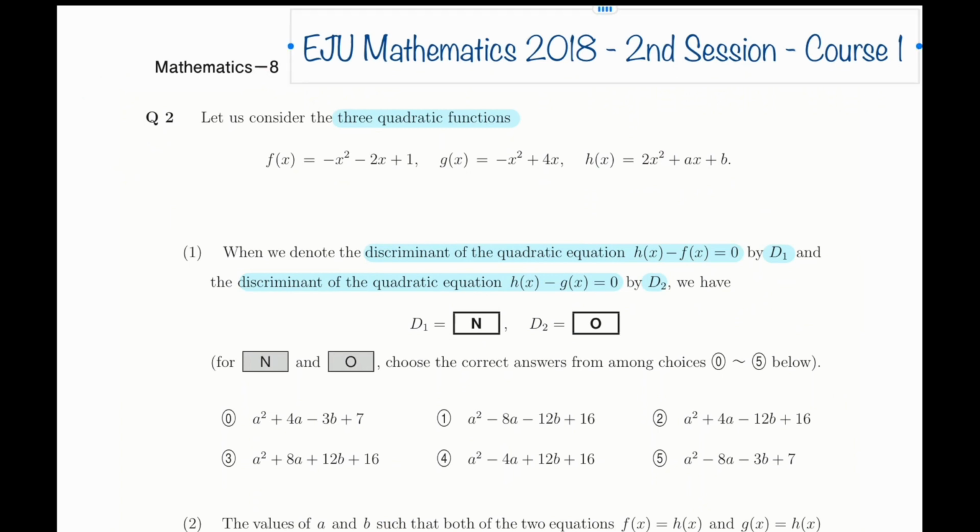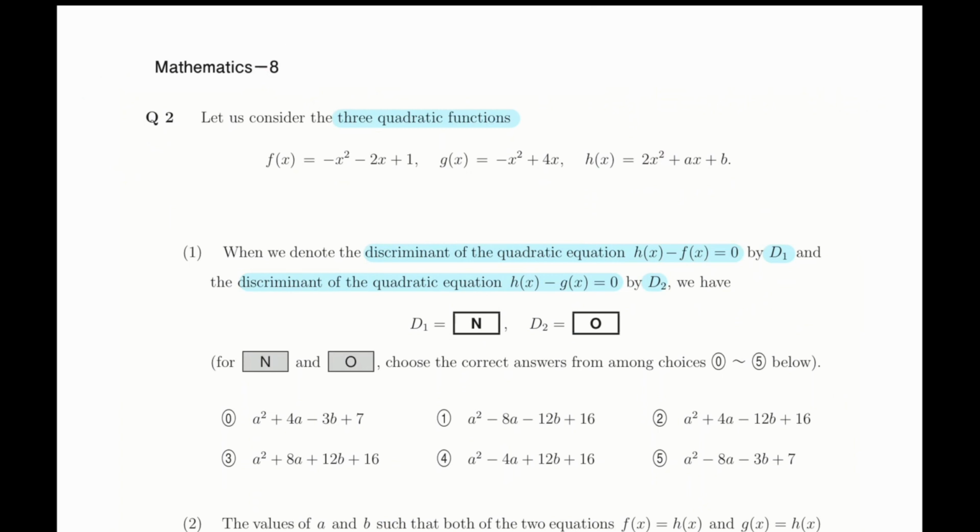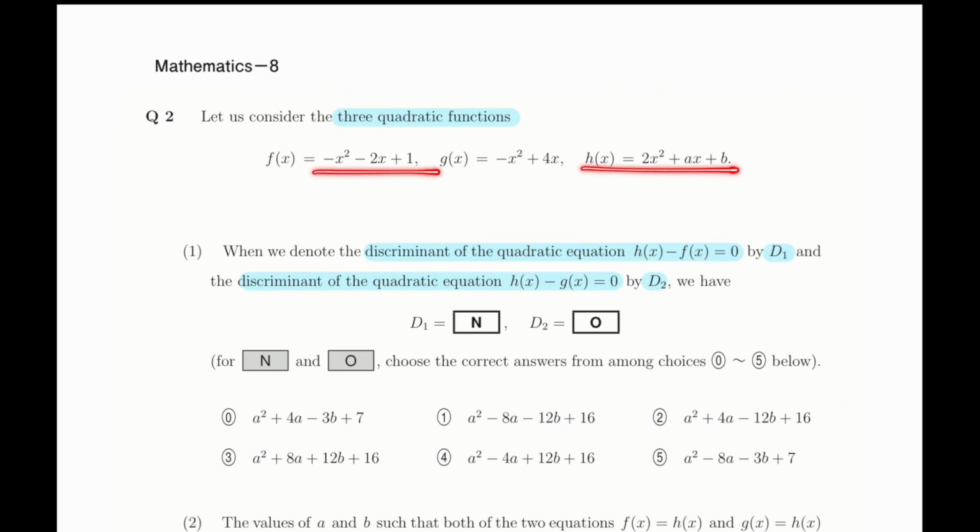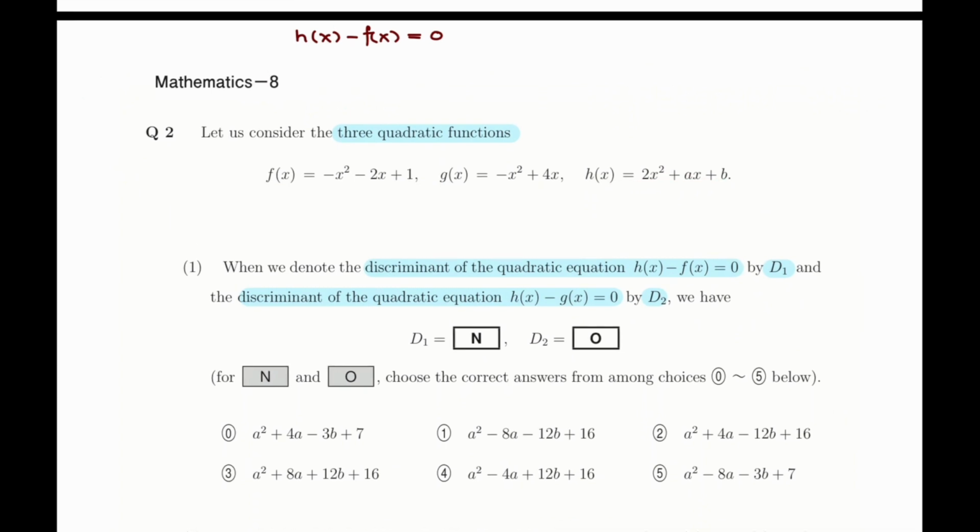Let me erase this first, okay? For the first one, h minus f equals 0. First of all, I need to subtract f from h. I will write down here, h of x minus f of x equals 0. H of x is 2x squared plus ax plus b, minus f.